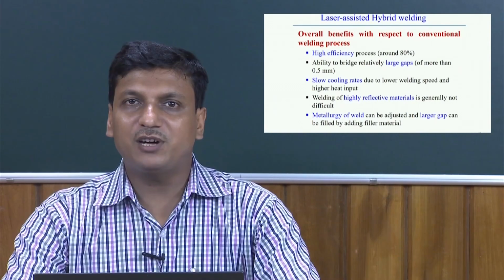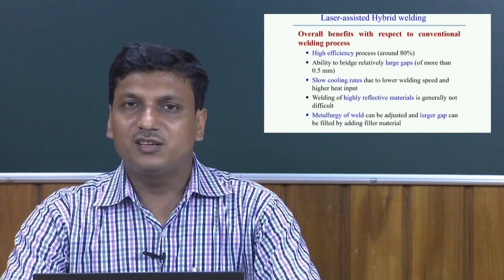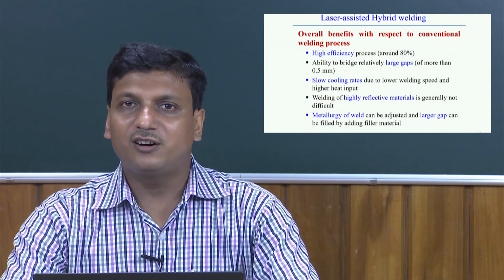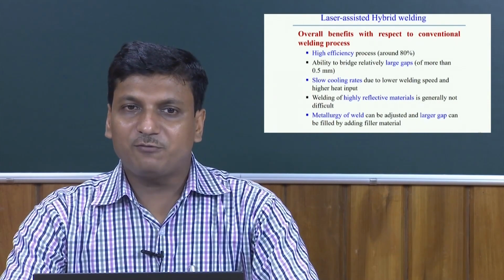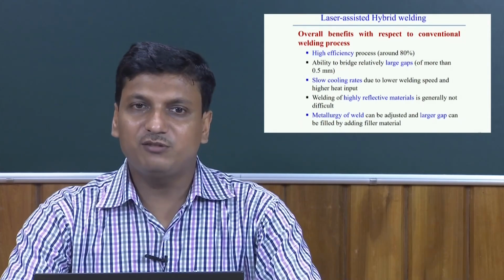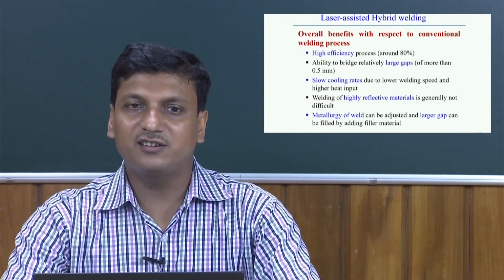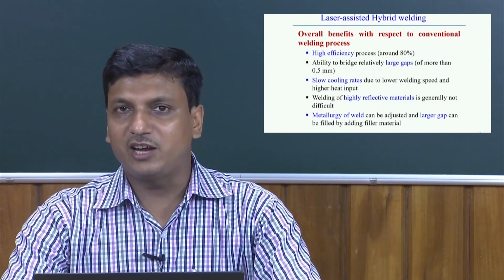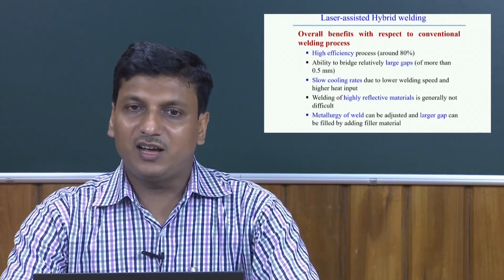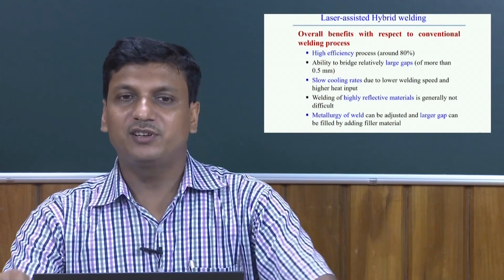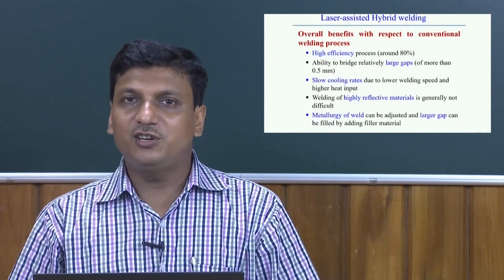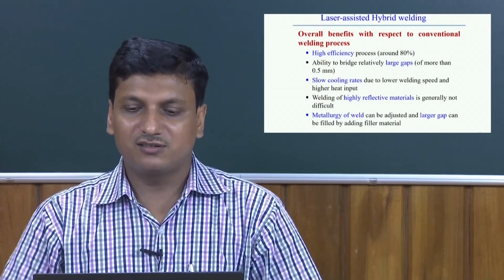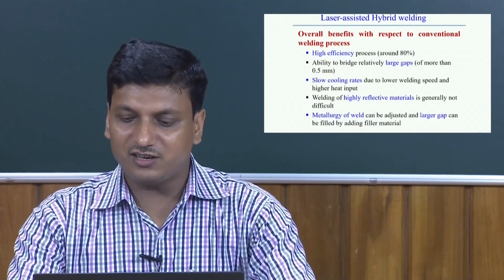But with the use of hybrid processes, it is advantageous, or not too difficult, to weld this kind of material. Another benefit of using the laser assisted welding process is that the metallurgical structure of the weld joint can be adjusted, and at the same time a large gap can be filled by adding filler material. So, these are the typical advantages of laser assisted hybrid welding processes.